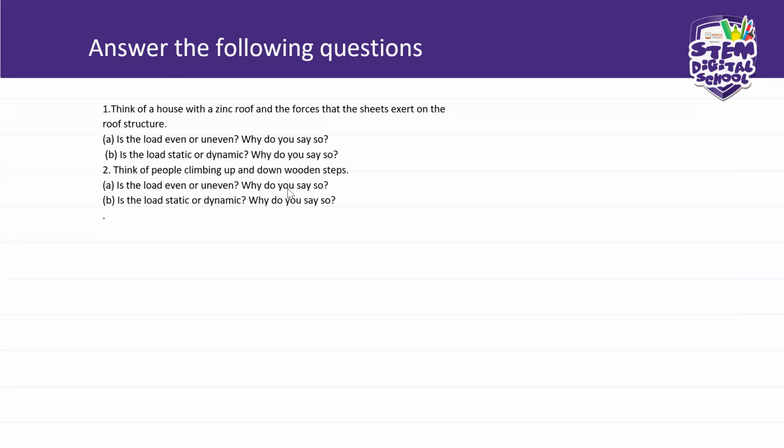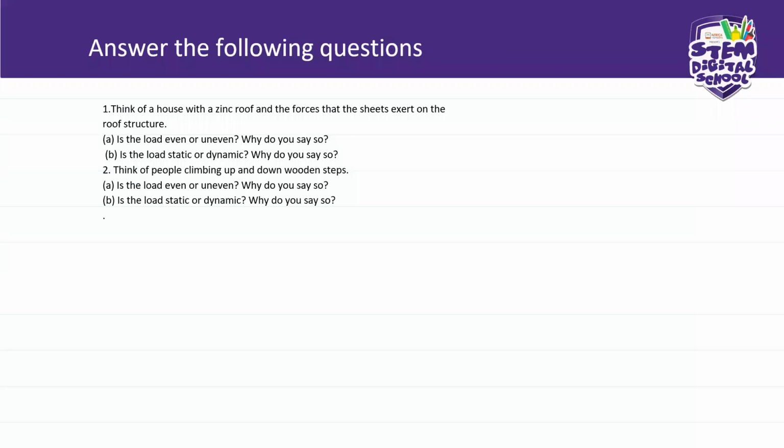2A, is the load even or uneven? People climbing up and down the stairs. It is even load.